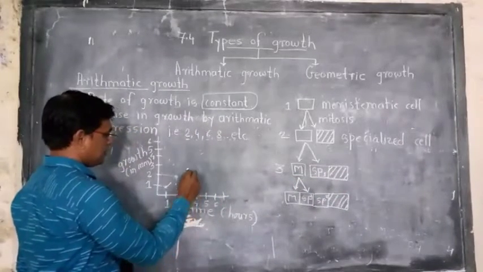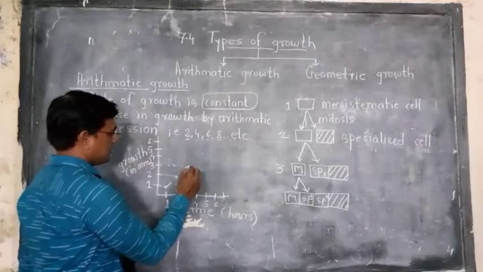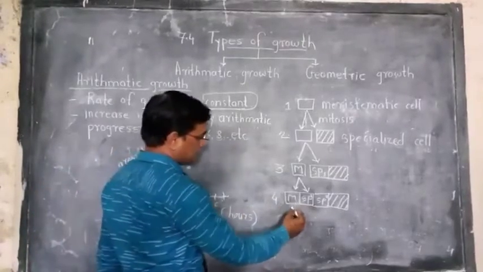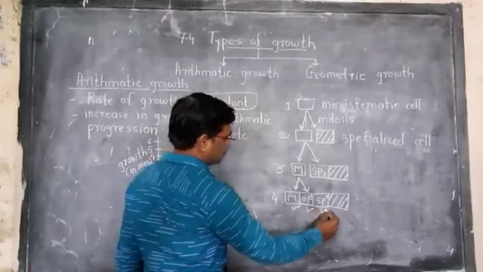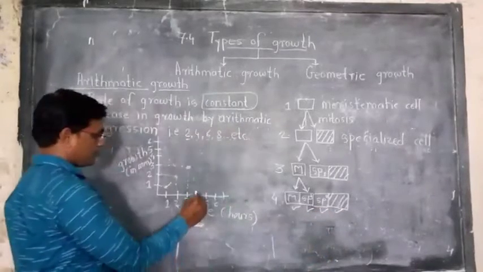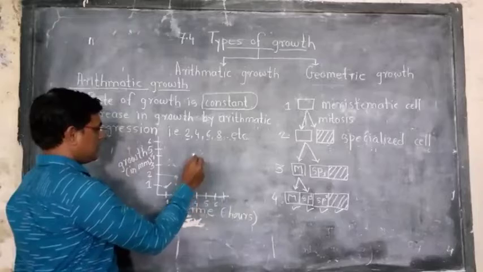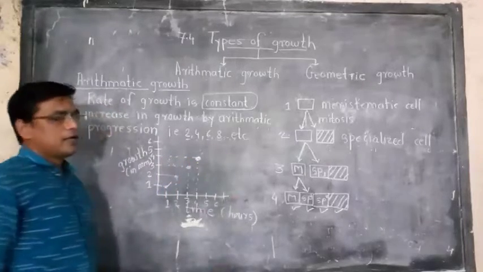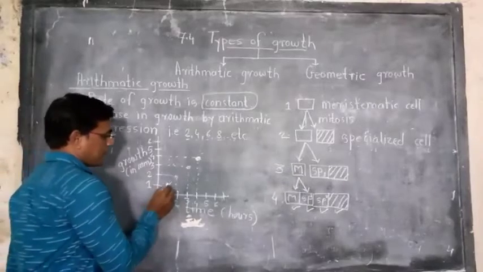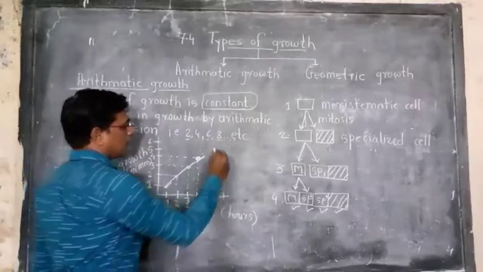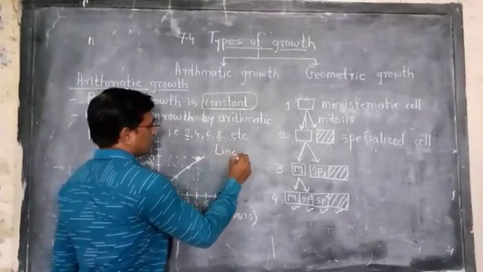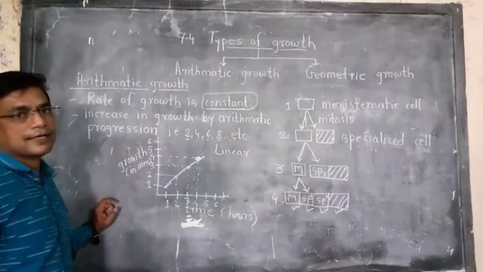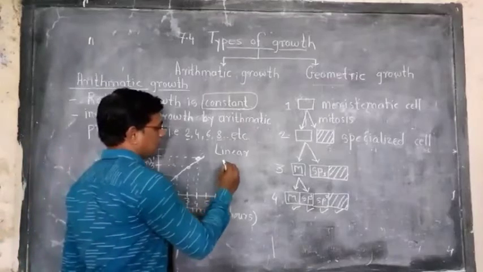After 3 hours, the cell number is 3. After 4 hours, the cell number is 1, 2, 3, and 4. In this way we can plot a linear graph. The graph of arithmetic growth is a linear graph.